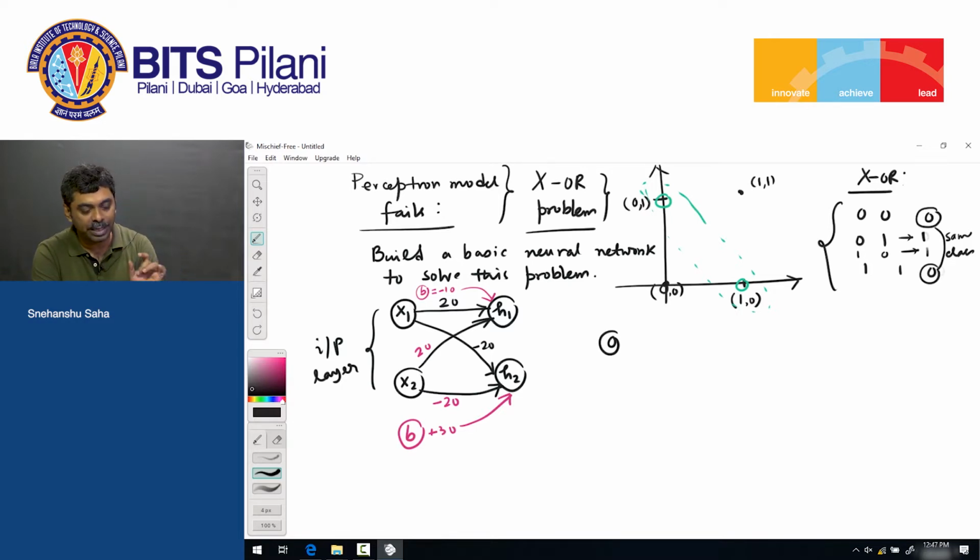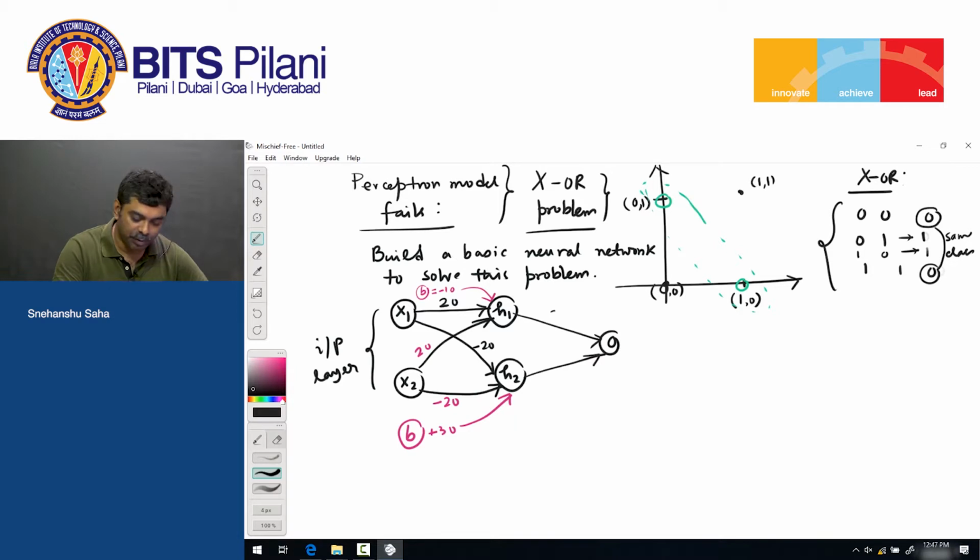So instead of using one standard bias, we use two different biases, one positive and the other negative. We are hoping the combination will help us overcome the geometric hurdle that we face. From the hidden layer to the output layer, we have a uniform weight assigned to both neurons.